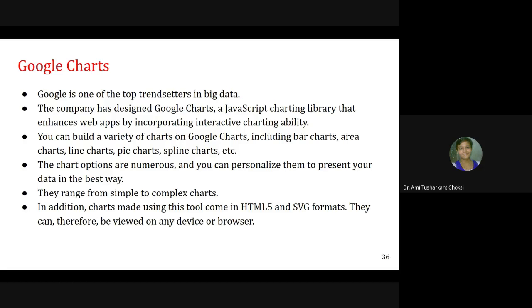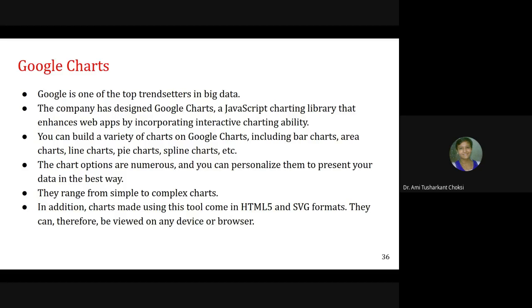You can build a variety of charts on Google Charts, including bar charts, area charts, line charts, pie charts, spline charts, etc. The chart options are numerous and you can personalize them to present your data in the best way.